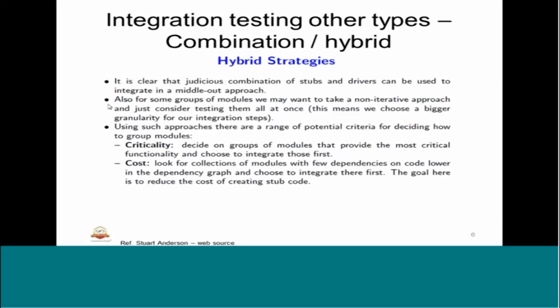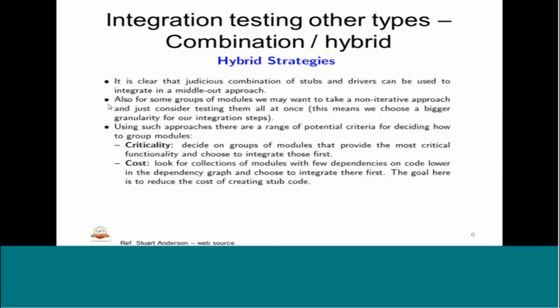Also, for some groups of modules, we may want to take a non-iterative approach and just consider testing them all at once. This means we choose a bigger granularity for our integration steps. That means for some groups of modules we may not be able to take the iterative approach like bottom up, and we can take them separately as one-shot testing while we are doing the other dependent modules.